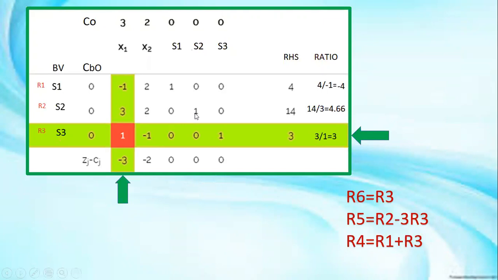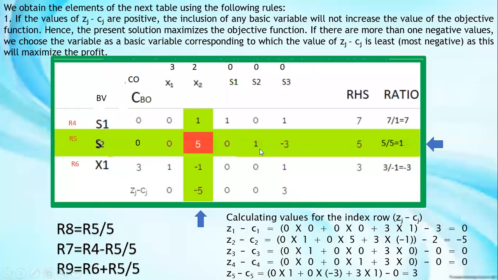So 1 minus of 0 is 0. So this is 1. 0, that is R2 value, minus 3 into 1 is minus 3. So these are the values you have written.